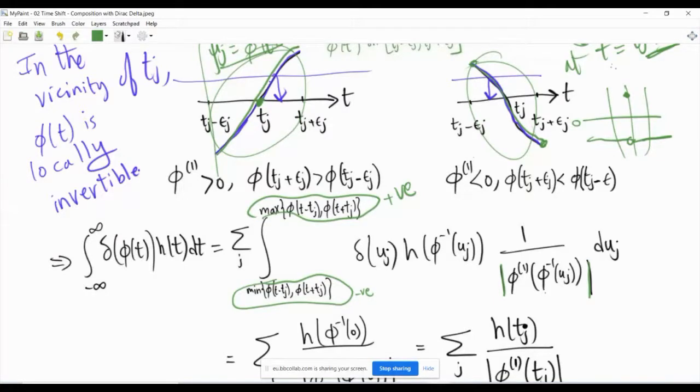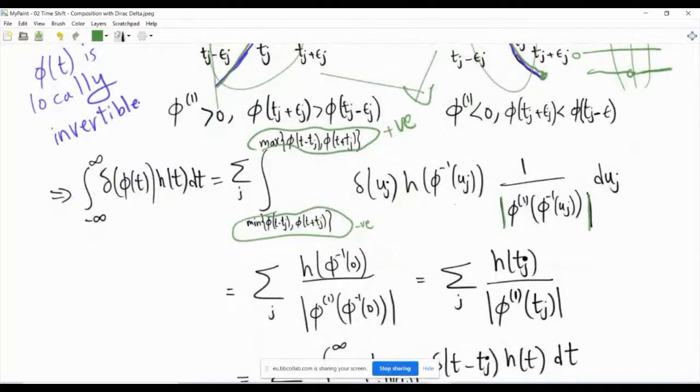If you have a number that is negative, minus 5, you multiply by a minus, then that's 5, which is the absolute value of minus 5. So this is a way of combining these two cases together rather than having two separate cases. And again, finally, the Dirac delta operating on those guys, you replace uj by 0.